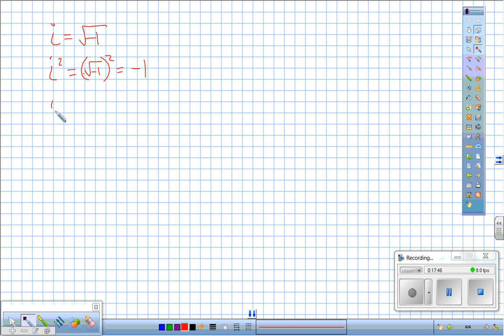And then I would take i cubed, which will really be the square root of negative 1 cubed. But since I already know what i squared is, i cubed is really equal to i squared. My stuff is having a spasm. Times i.